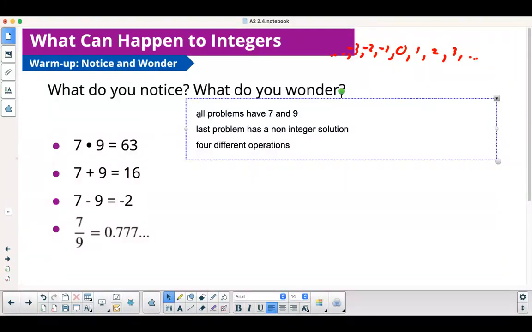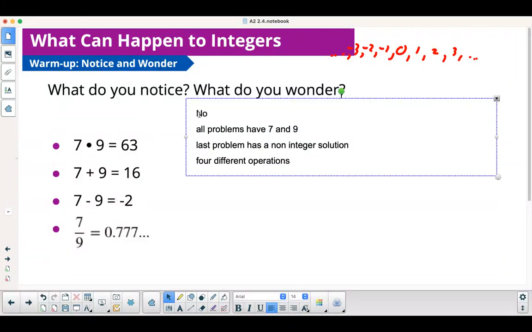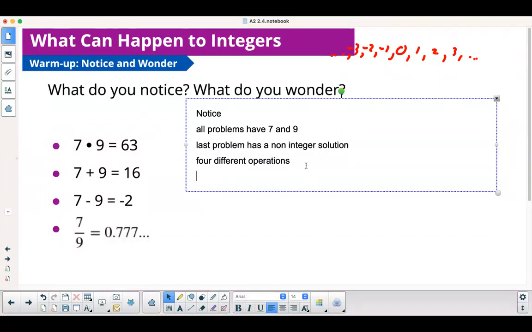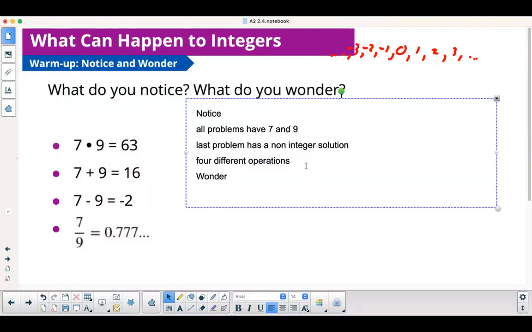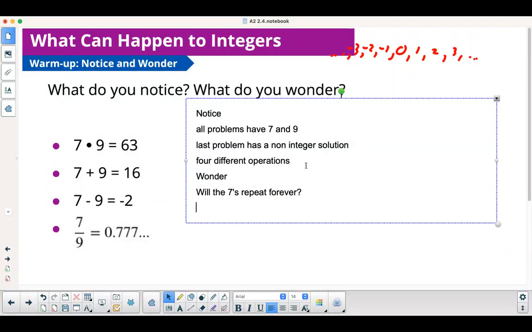Okay, some wonders. Will the 7s repeat forever? What else? Why are there only integers?